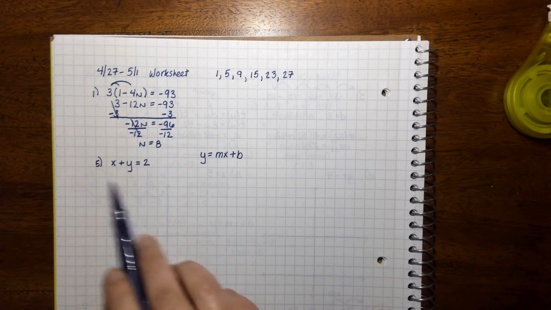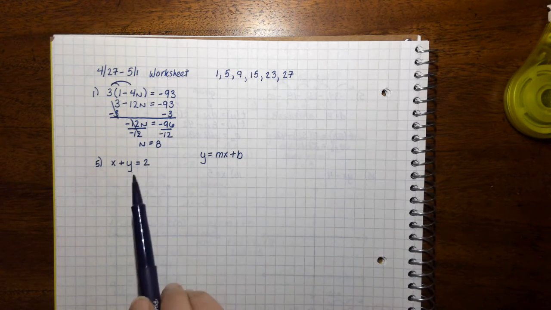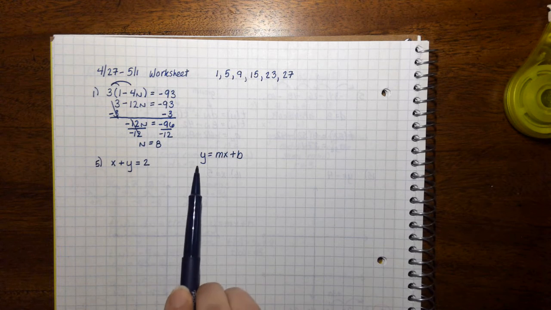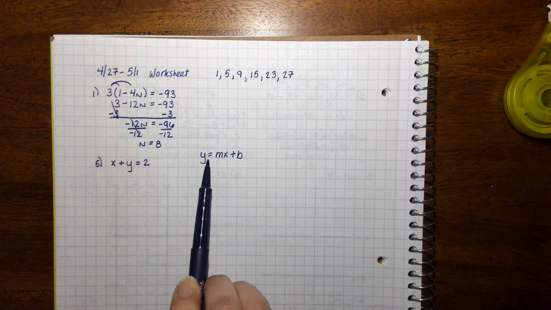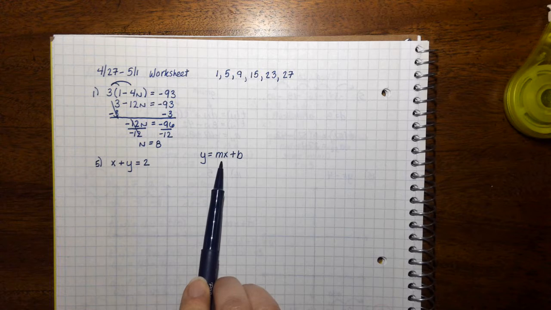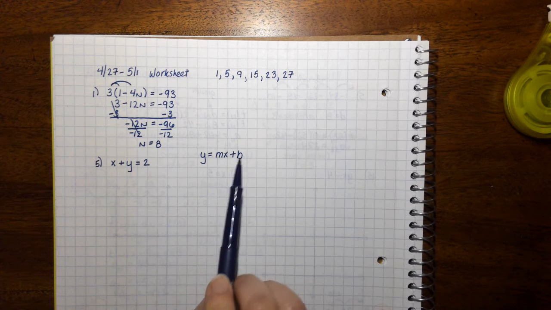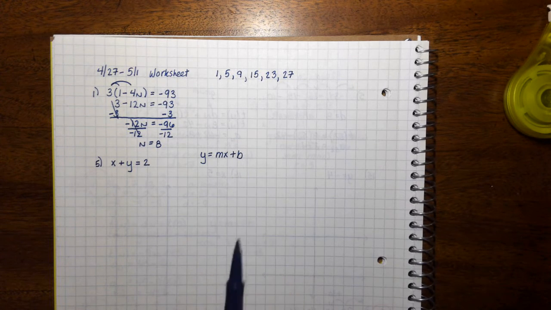This problem is asking you not to solve, but to rearrange it so it's y in front equals something x plus a number. And sometimes that number is 0, and sometimes m is not there, but in that case it's 1. So let's talk about that in a second.